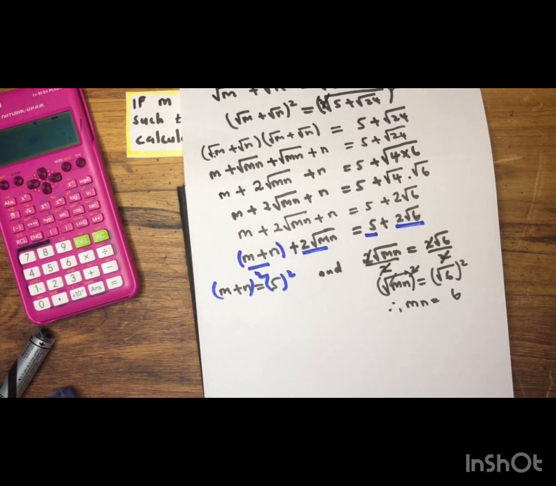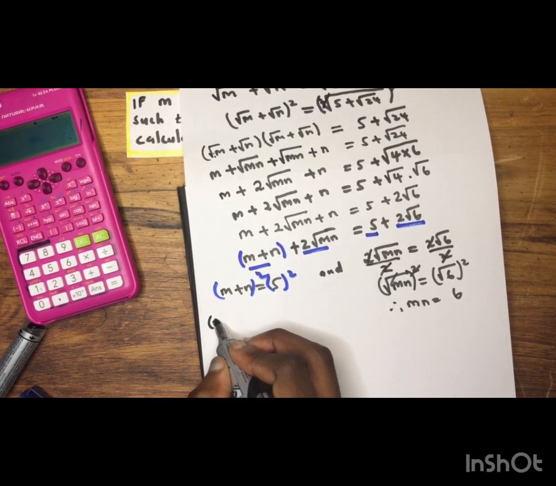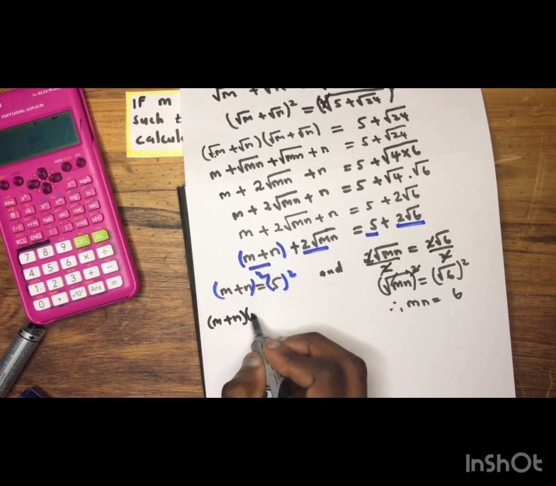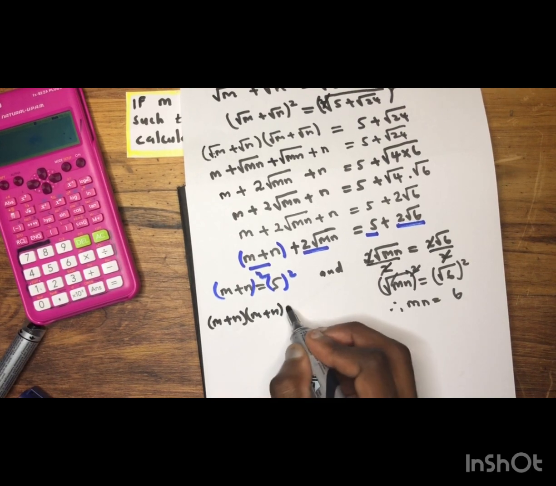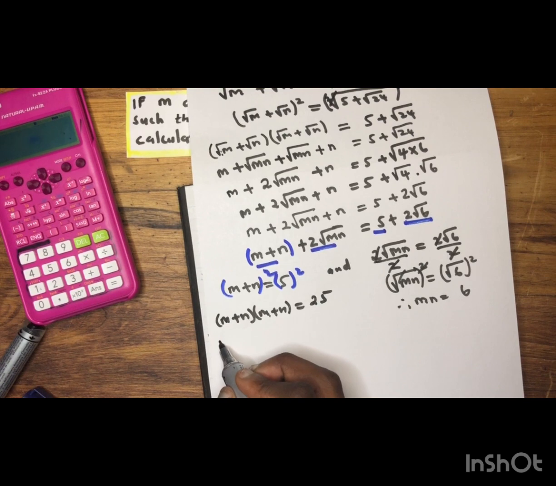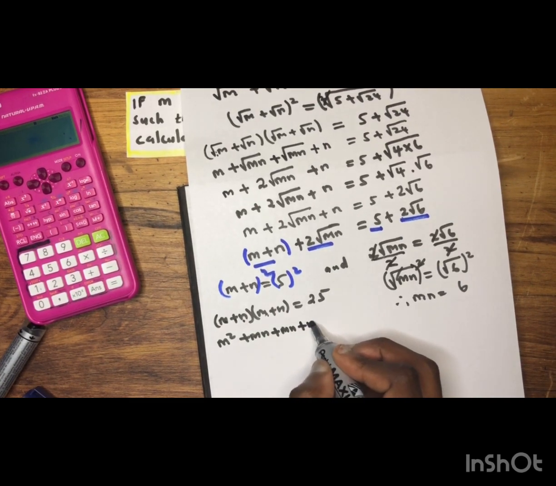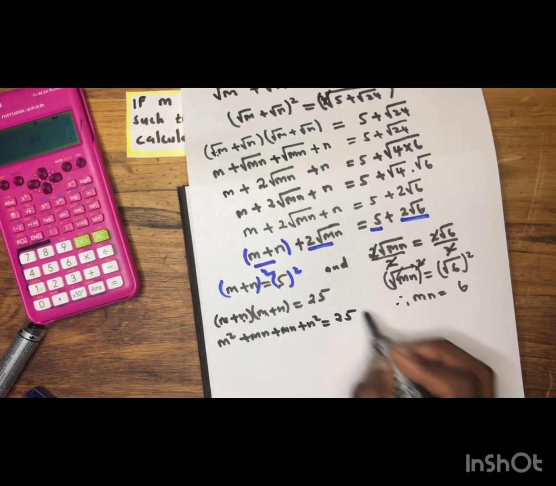Okay, so now you have m plus n all squared, which is the same as m plus n, m plus n, 5 squared give us 25. So m times m, that's m squared. M times n, that's mn. Then n times m, that's mn. Then positive n times positive n, that's n squared, equals to 25.